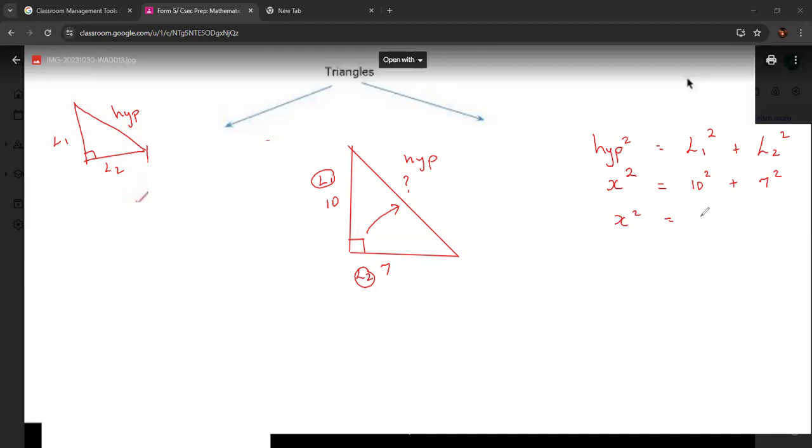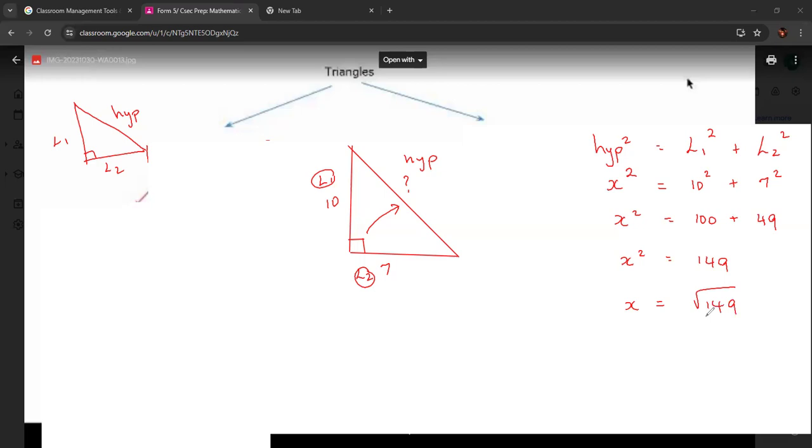So 10 squared is 100. 7 squared, that's 49. So we got x squared to be 100 plus 49, which is 149. X is going to be the square root of 149.